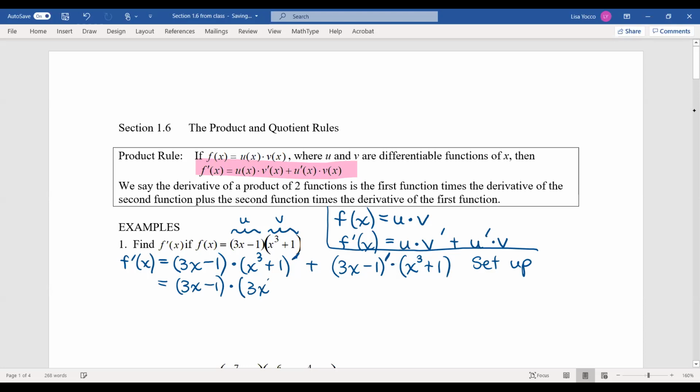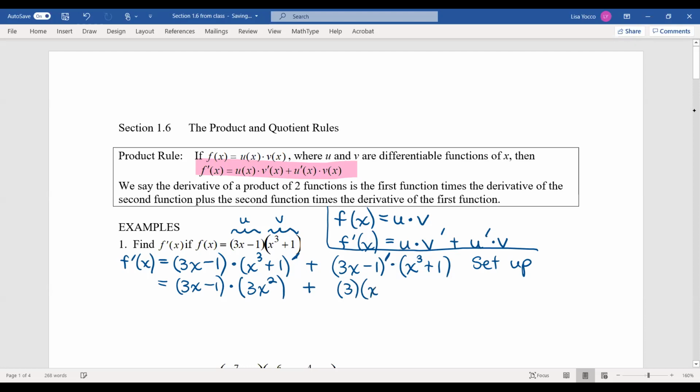So for x cubed, that'll be 3x to the 3 minus 1, which is 3x squared. And then the derivative of 1 is 0. Then add derivative of 3x is 3. The constant minus 1, its derivative is 0.